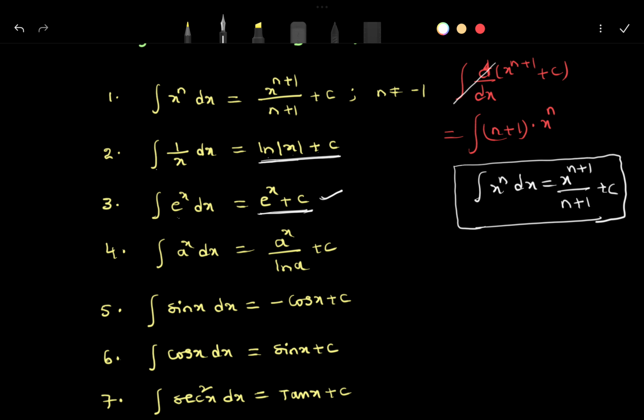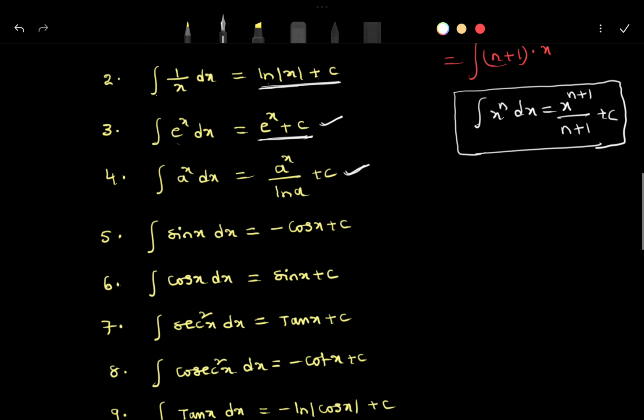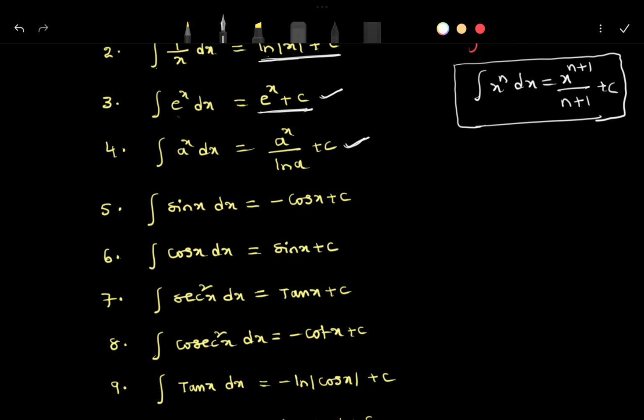Now similarly, the derivative of a power x is a power x into log a. By using that formula, you can find that integration of a power x into dx is a power x by log a. Next, similarly, we can write the integration of trigonometric functions.